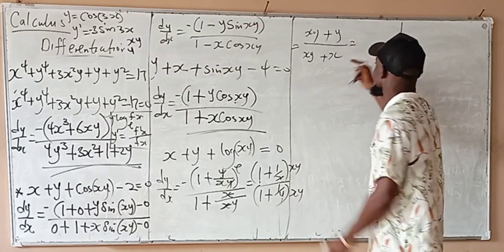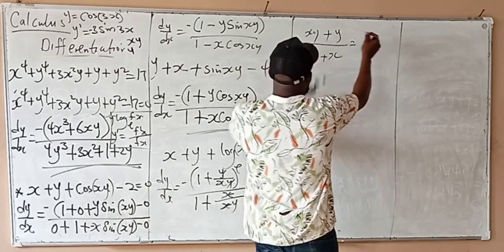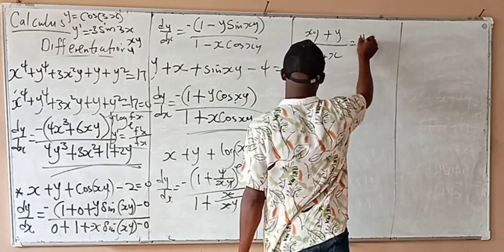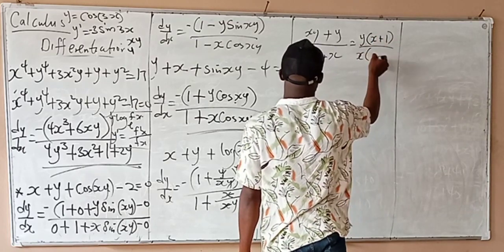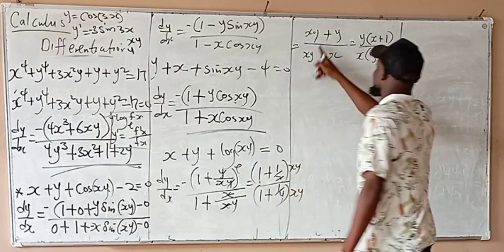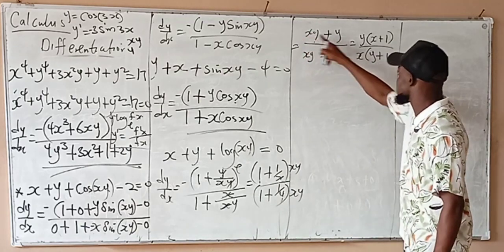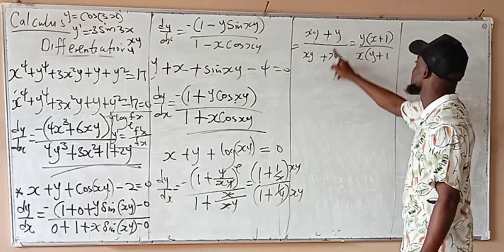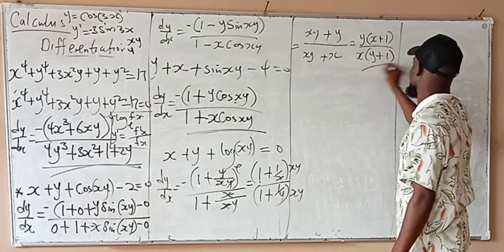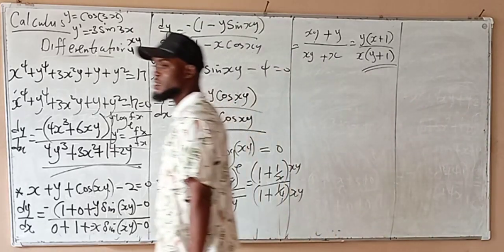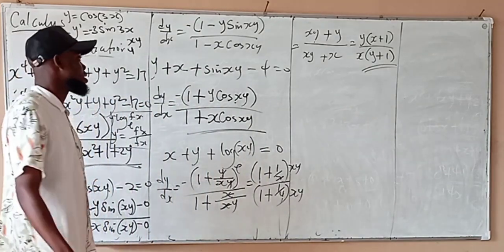If x is common, y is common, we do y bracket x plus 1 over x bracket y plus 1. Y is common, move the y out, only 1 will be left. Then move x out, y will be here. So this will be the final answer to that.